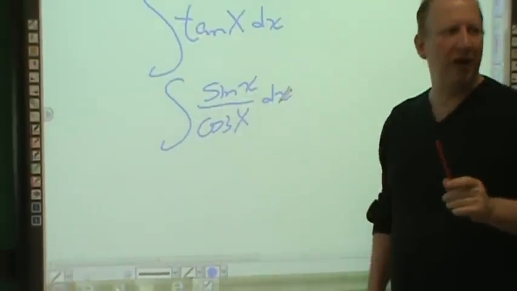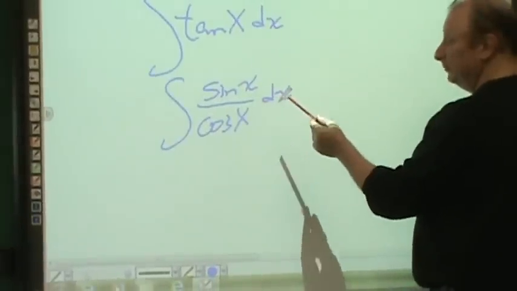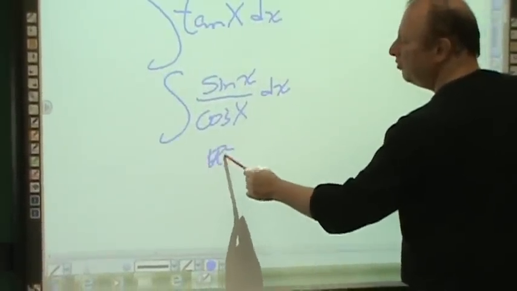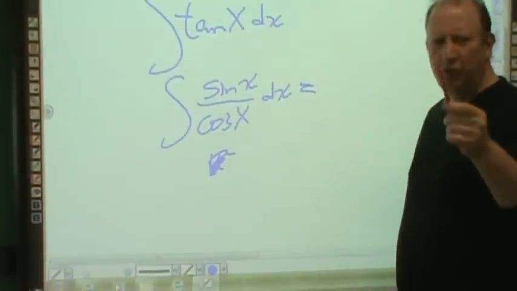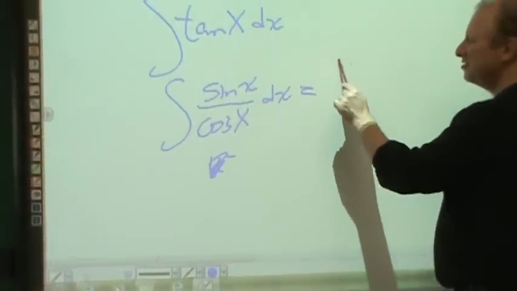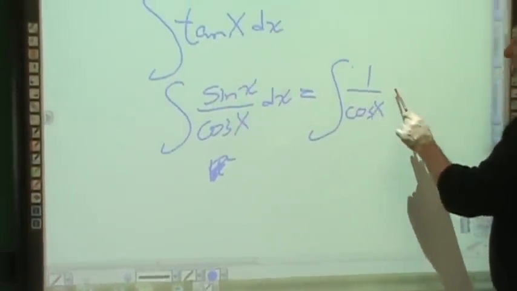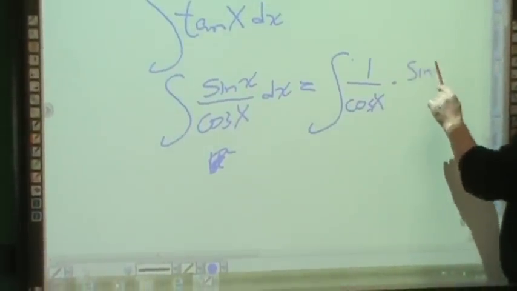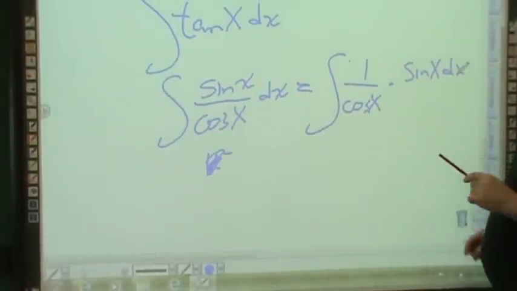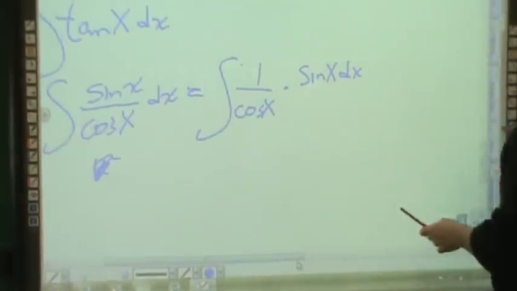Now let's look at what I have. Before I do that, let me just rewrite it for you, the people who are watching this video. Can I say this is the same thing as 1 over cosine x times sine x dx? They mean the same thing. Well, if that's the case, let's work on what we know.